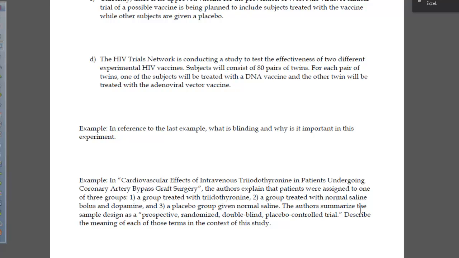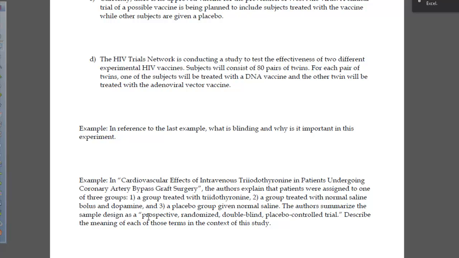The authors summarized the design as a prospective, randomized, double-blind, placebo-controlled trial. Describe the meaning of each of those terms in the context of the study.